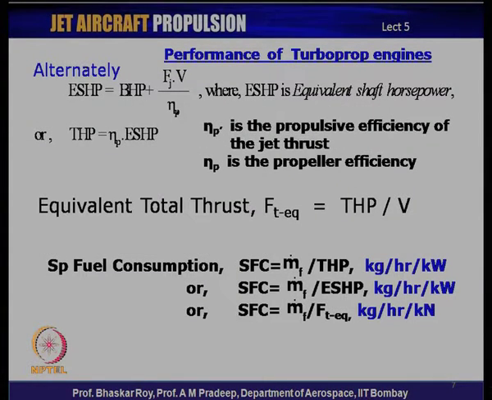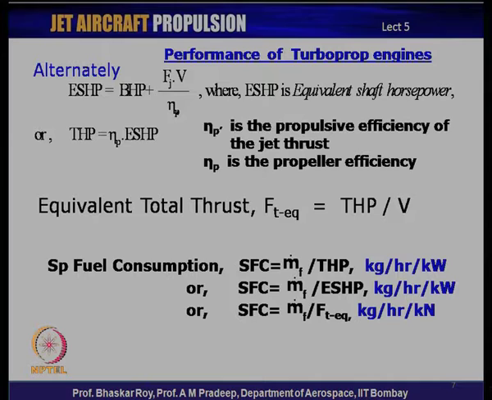Alternately, quite often this can be shown in terms of what is known as equivalent shaft horsepower, and this is given in terms of bhp as supplied by the main shaft to the propeller, and the jet thrust that is being created converted to power.